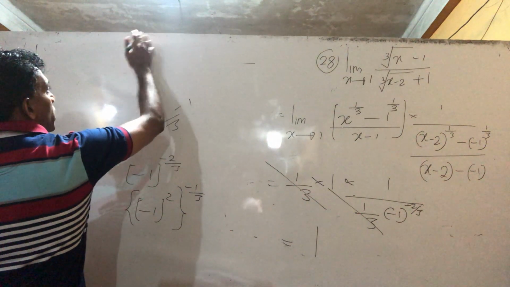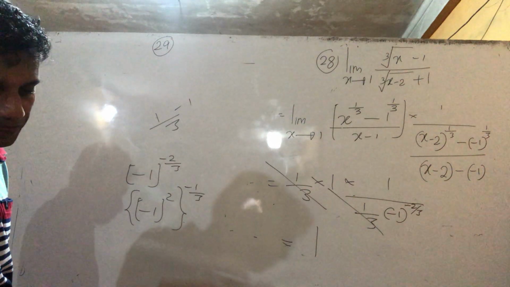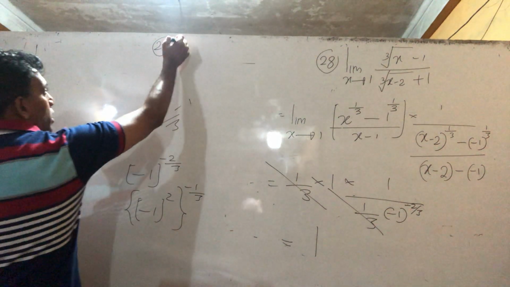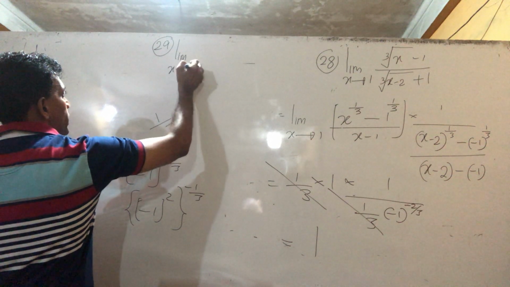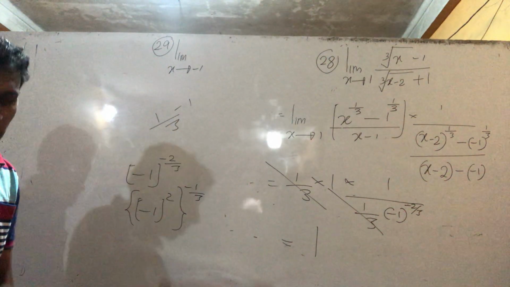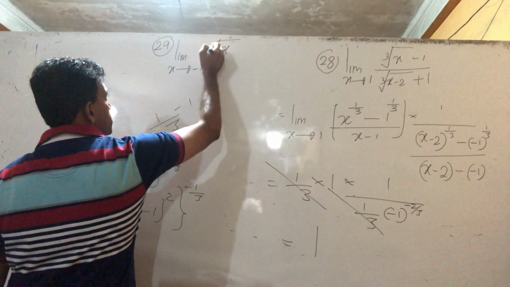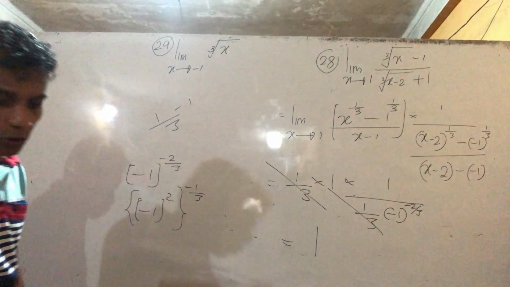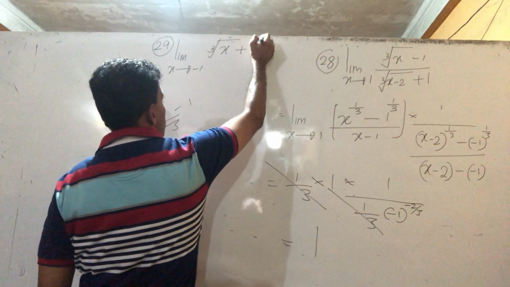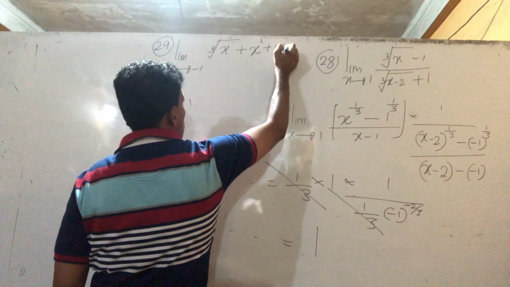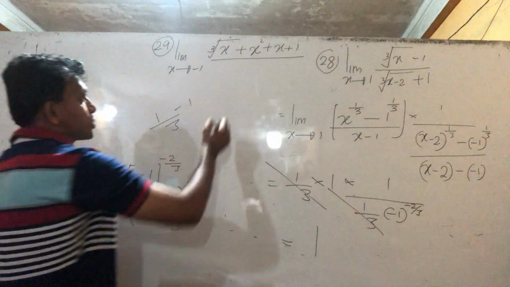Next question 29. Problem 29: limit x tends to minus 1, third root of x plus x squared plus x plus 1 over x plus 1.